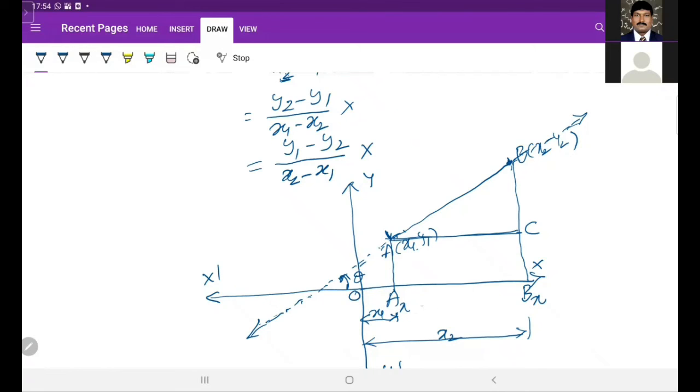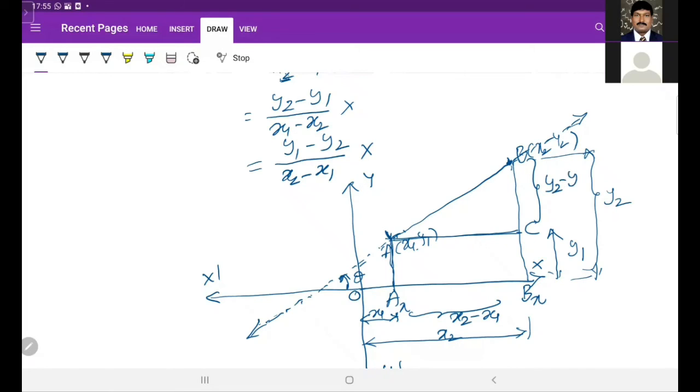So the value in between, how much now? This is x2 minus x1. Understand? So in this way, this value is y1. Next, this value is y2.